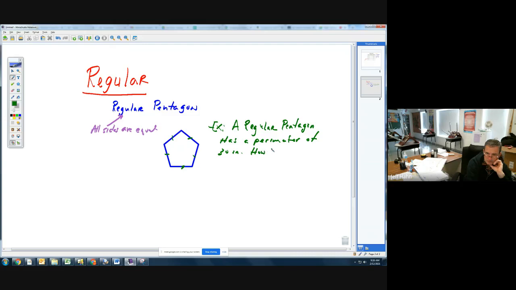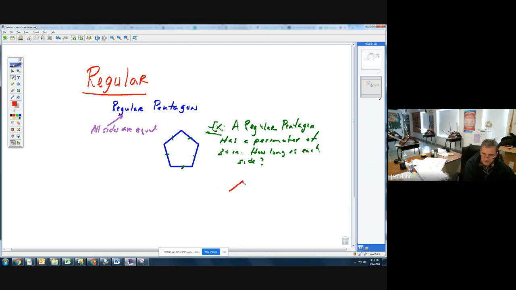How long is each side? Question mark. Okay. This will be a problem that the book will give you. And of course, you all know from past experience, Grayson, Ben, James, Sam, if it tells you something like this, your first step is to sketch it out.